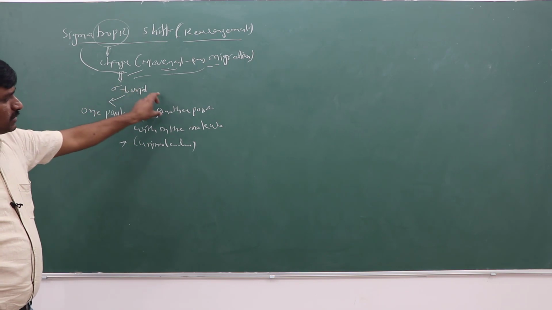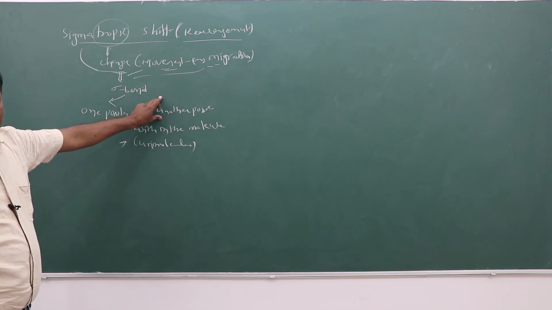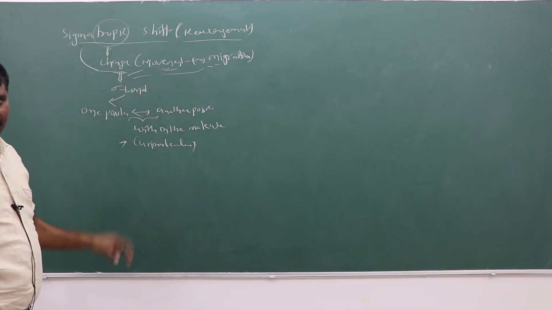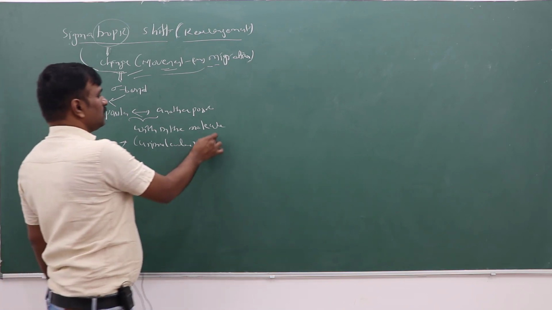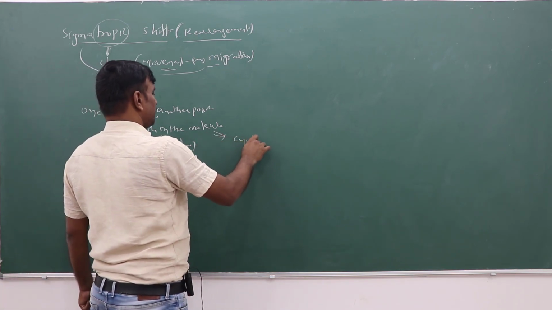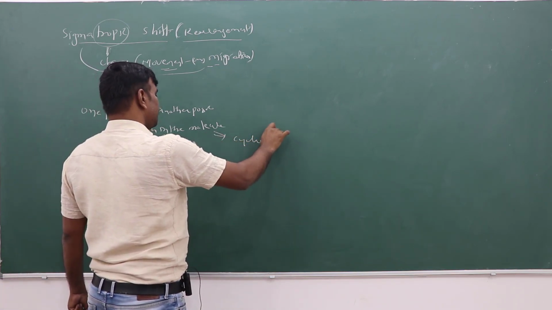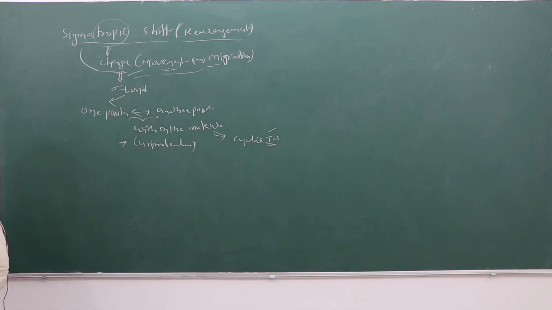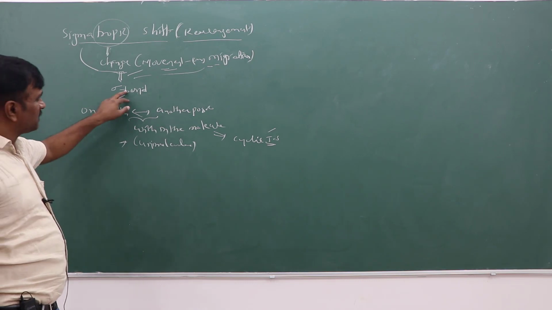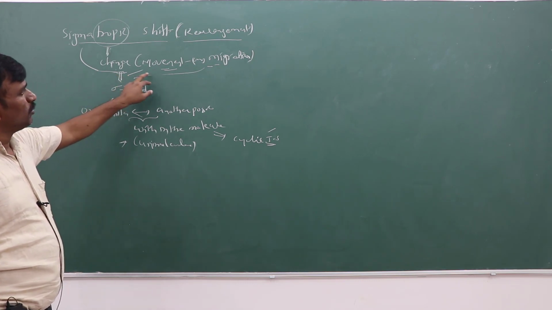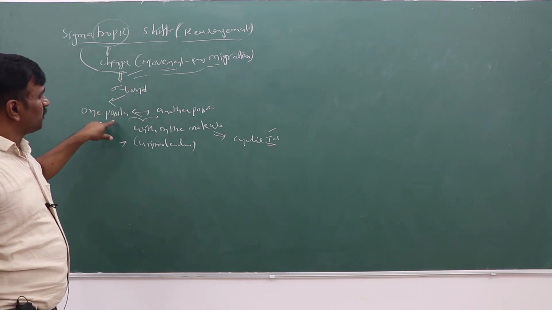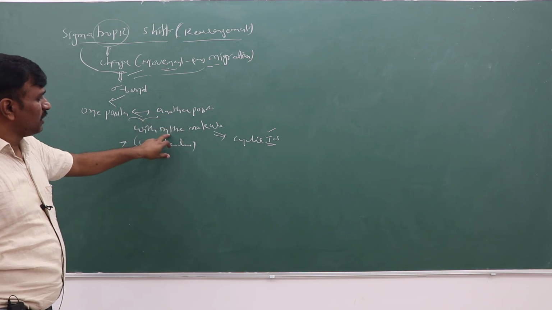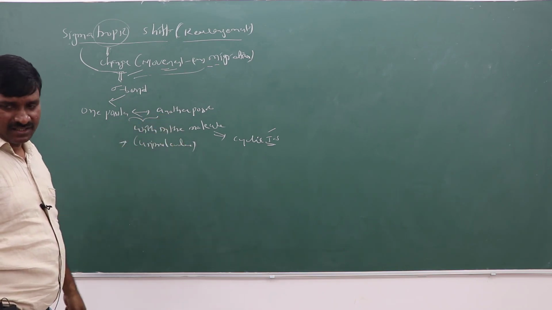So from one position to another position within the molecule through the cyclic transition state. All the pericyclic reactions go through a cyclic transition state. So migration of sigma bond from one position to another within the molecule with a cyclic transition state.